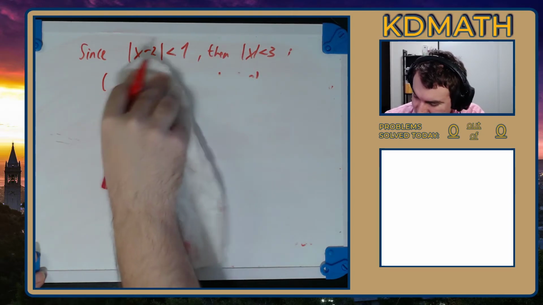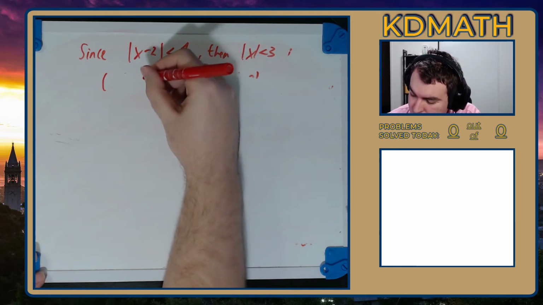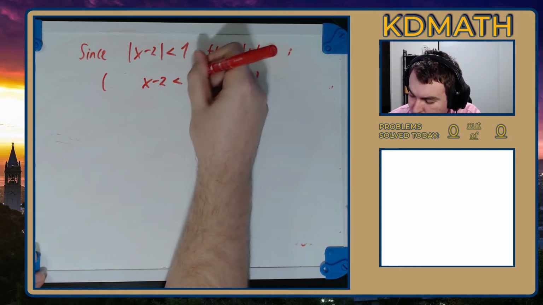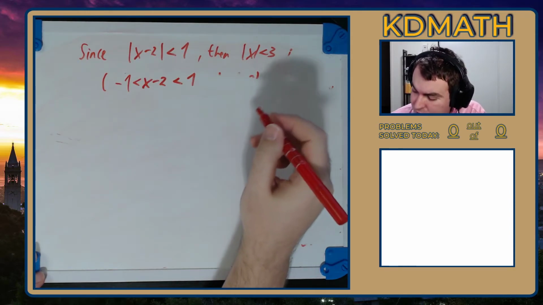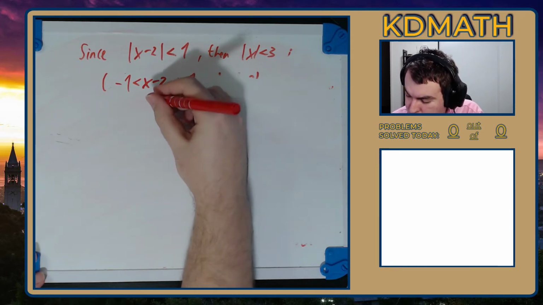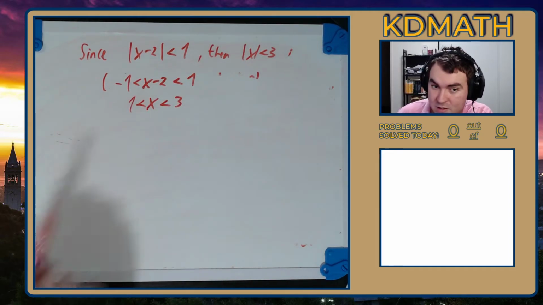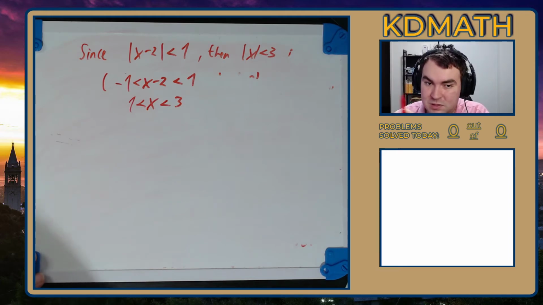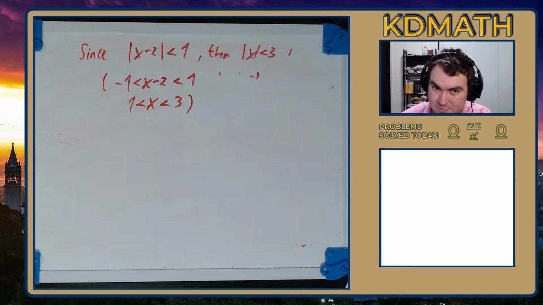I'm doing the triangle inequality wrong here, so let's do it a different way. What does it mean for absolute value of x minus 2 to be less than 1? Well, x minus 2 is between negative 1 and 1. That's what it means for your absolute value to be less than 1. Just add 2 to both sides. x is between 1 and 3. And the absolute value of every number between 1 and 3 is less than 3. That's why this is true.